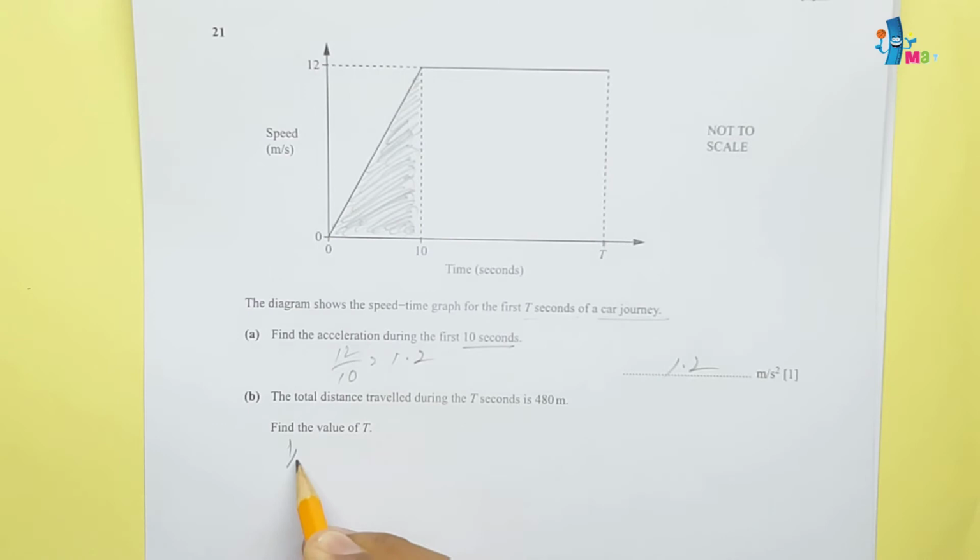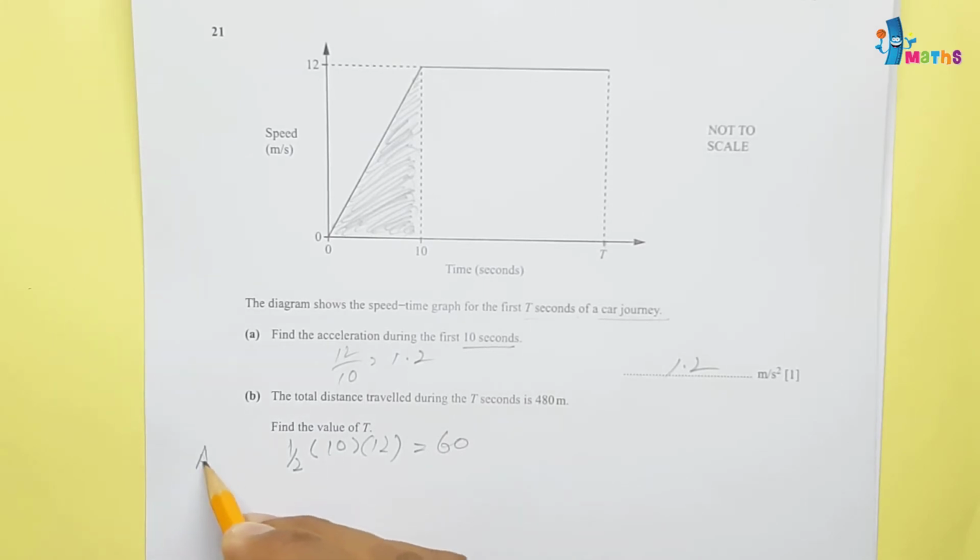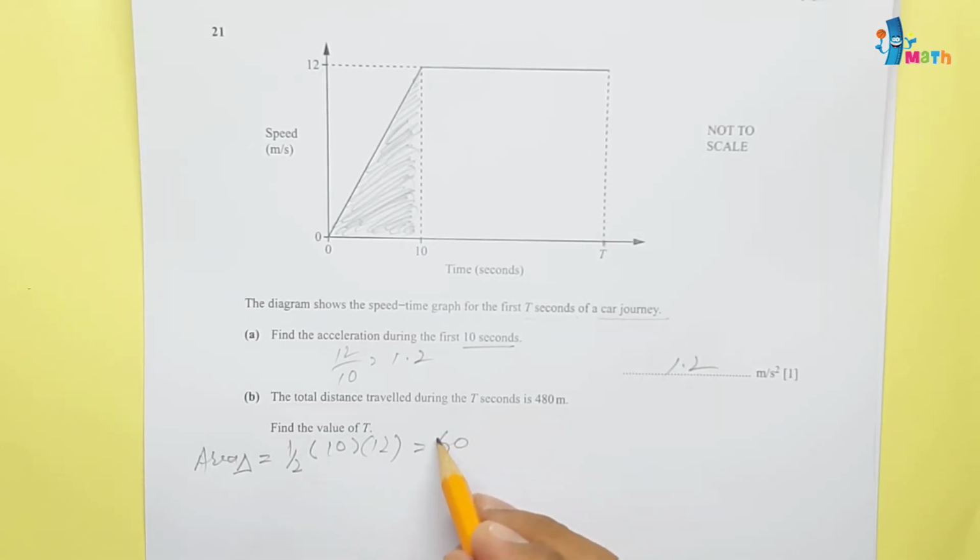We know the area of a triangle is equal to half into base into height, so 1 by 2 into 10 into 12. This will be the area of the triangle, which is 120 divided by 2, which is 60.